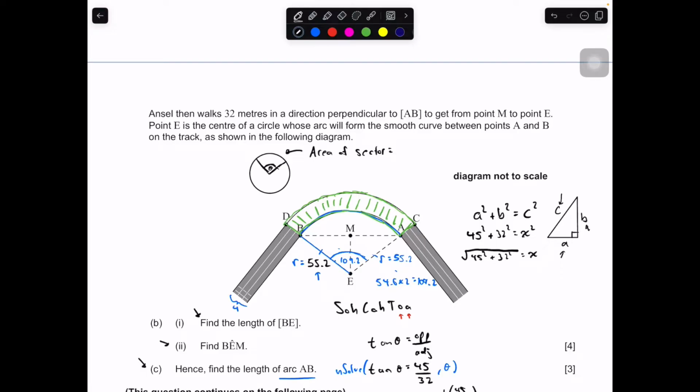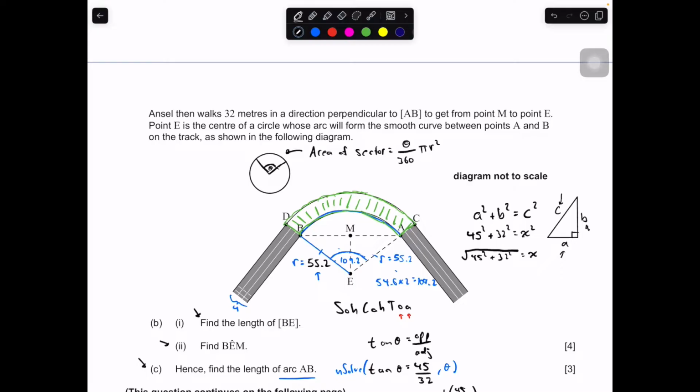To sweep out a whole circle would be 360 degrees, but we just have theta over 360, a portion, and the total area of a circle is given by pi r squared. The area of a sector is given in the formula booklet as well. In this case, we want to find not just a sector but a fraction of a sector, which makes it a little more challenging.